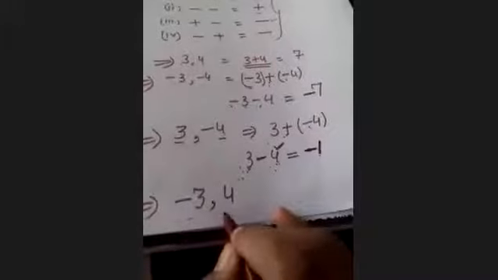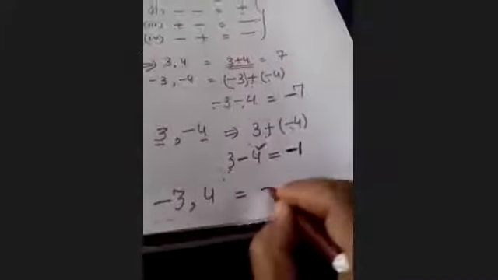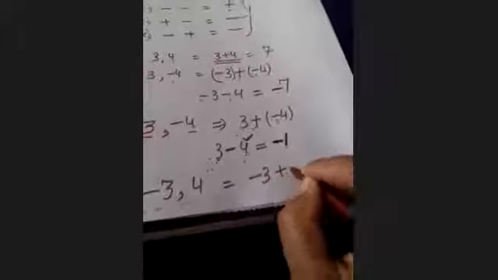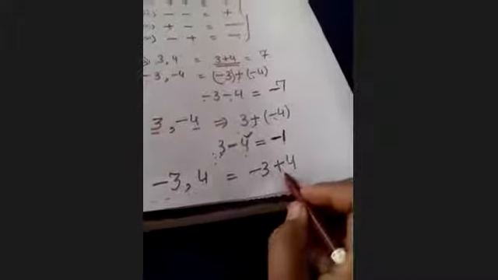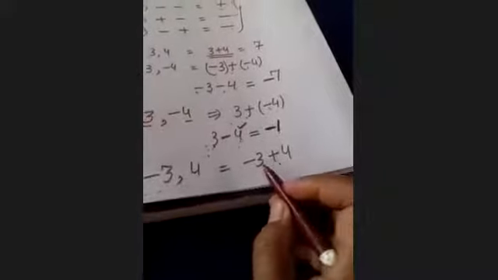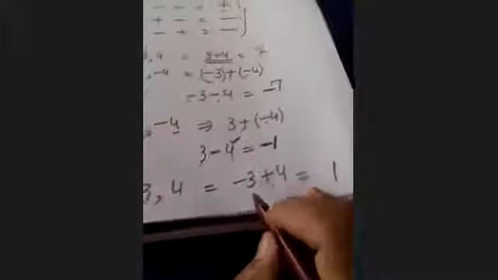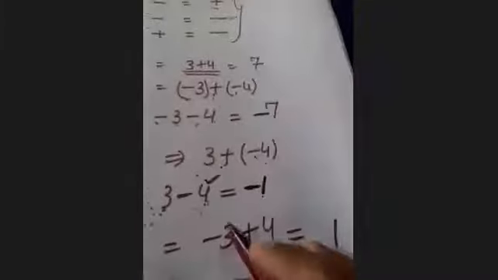Now add these two integers, minus 3 plus 4. Minus plus minus. 4 minus 3 is 1. Now observe which number is greater, minus 3 or 4? 4 is greater. So it's positive. So the result will be positive.